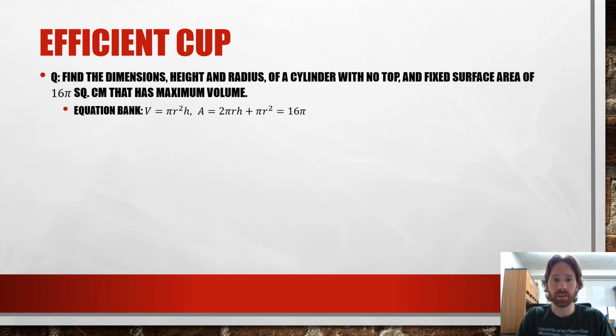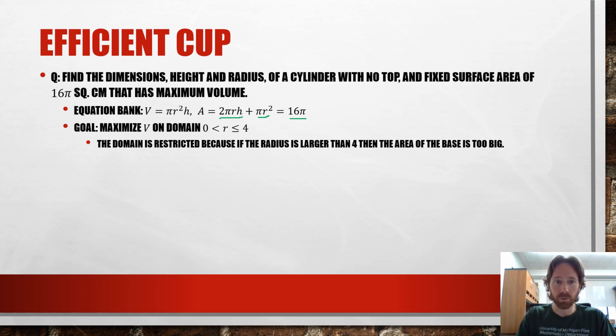And the surface area of a cylinder is the area of the base, that's pi r squared, plus the area of the cylindrical wall. If you unroll that wall, it's a rectangle with height h and base circumference of the circle. So 2 pi r h is the total surface area. And from the question, the surface area is fixed at 16 pi.